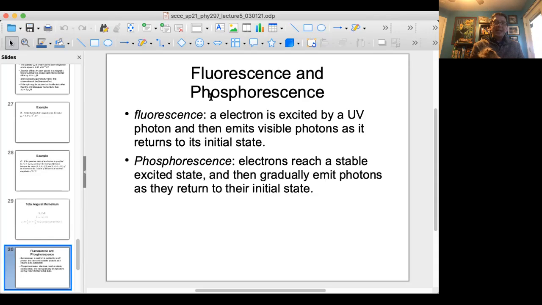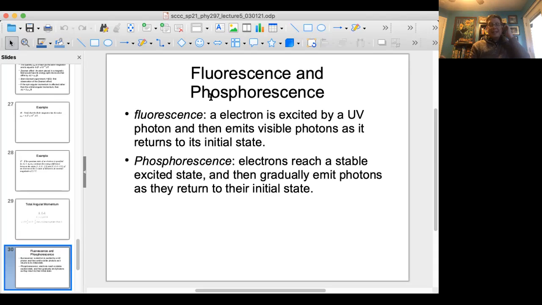And then the next thing is phosphorescence. That's when electrons reach a stable excited state and then gradually emit photons as they return to their initial state. So maybe you have a watch like this one that glows in the dark if you turn the light off. What happens is it's exposed to the light, the electrons absorb that photon and they reach an excited state.